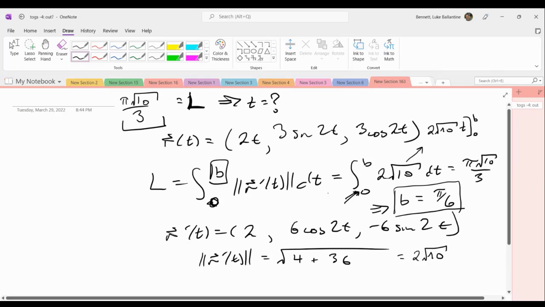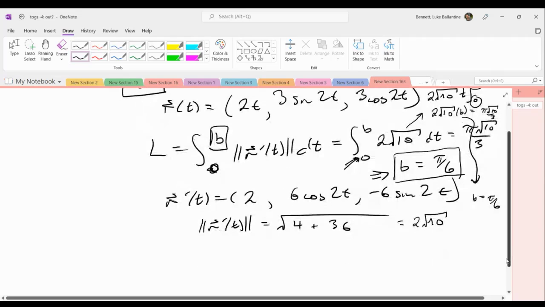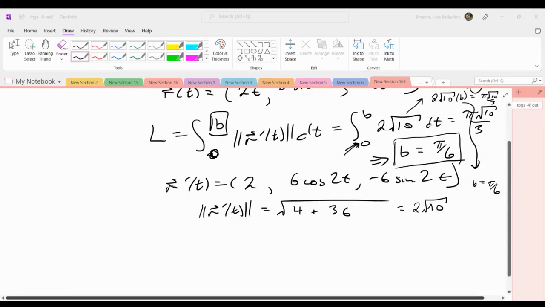Yeah, the difference will still be the same. Okay. And then you plug in your upper bound, then you plug in your lower bound. So this is 2 square root of 10 times b equals pi square root of 10 over 3, which tells you that b is pi over 6, like I said. So that's that one. Now we can get into partial derivatives. f of x, y is sine of 4x minus 3y.